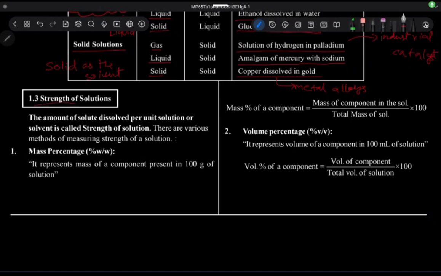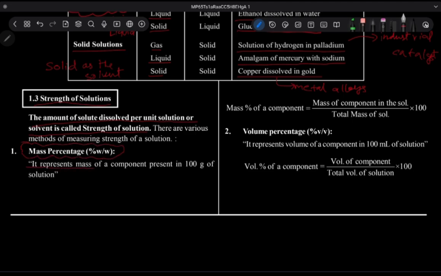Of solutions, the amount of solute dissolved per unit of solution or solvent is called the strength of the solution. It is measured using various concentration terms. First, we have mass percentage.